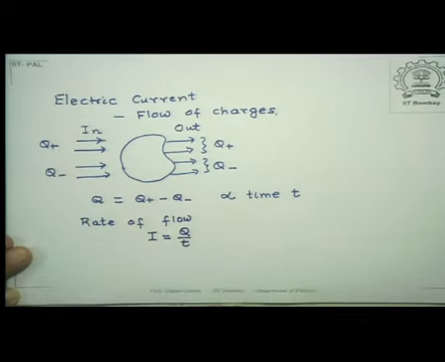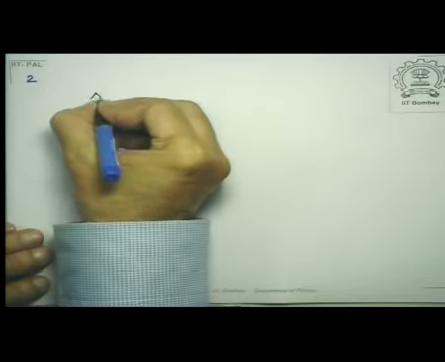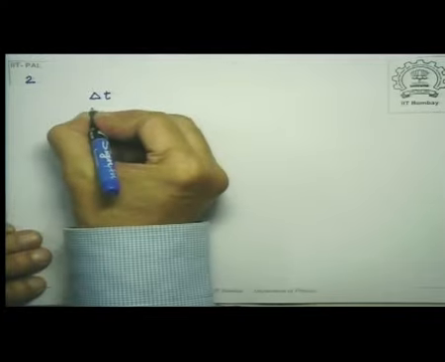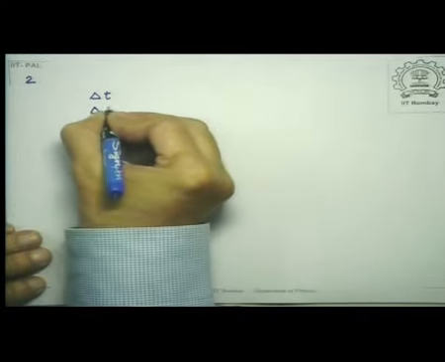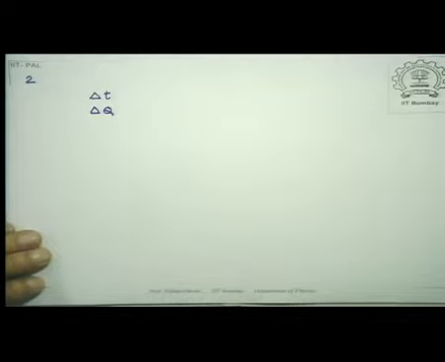Now, this of course assumes that my flow is steady, but supposing it is not. Then I would take the formal definition in a slightly different way, and I will say that take a small time interval delta t, during which the amount of charge that flows through that surface is delta q.